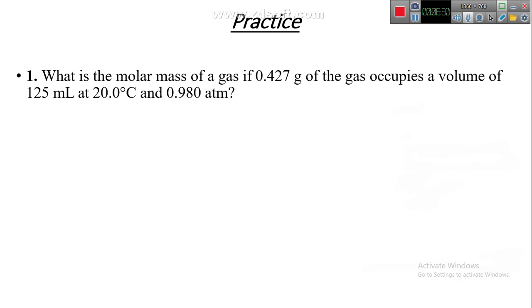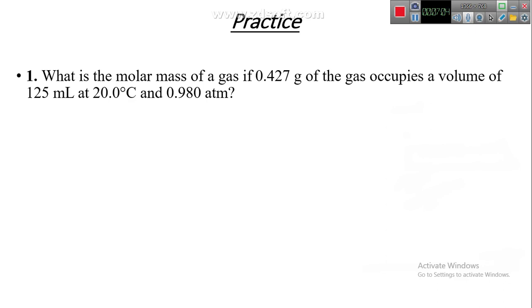For question number 1, what is the molar mass of a gas if 0.427 gram, this is the mass because the unit is gram, of the gas occupies a volume of 125 milliliter at 20 Celsius degree and the pressure 0.980 atm?